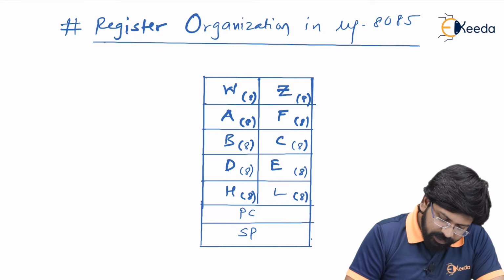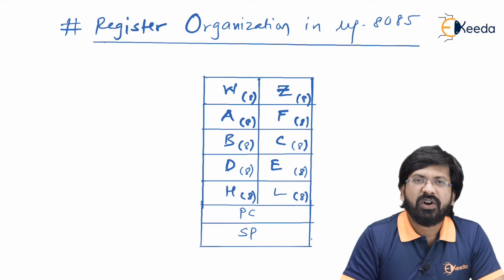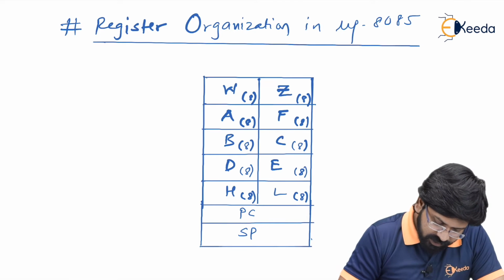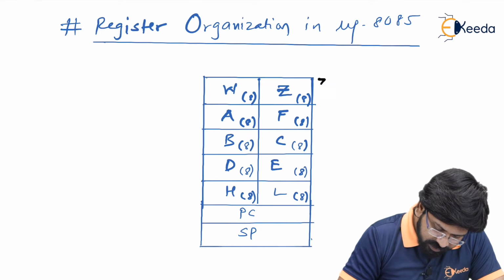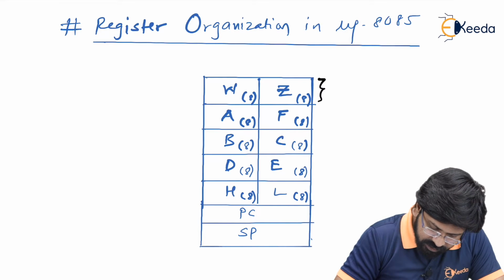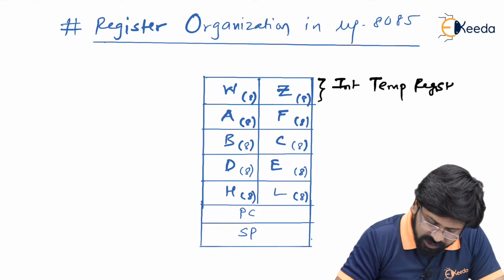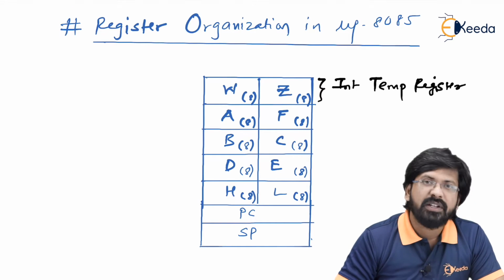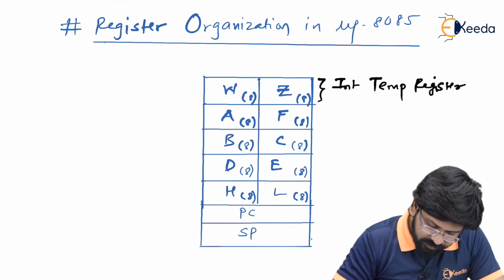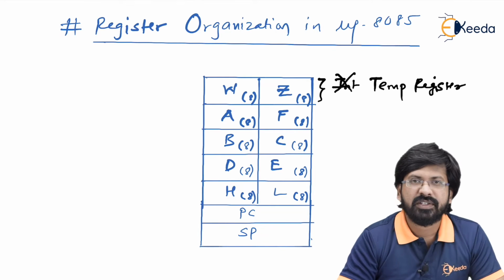Let's begin the discussion with W and Z. W and Z are a set of temporary registers. Of course, every register is in fact an internal register, so let's not call this internal. It is just a temporary register.